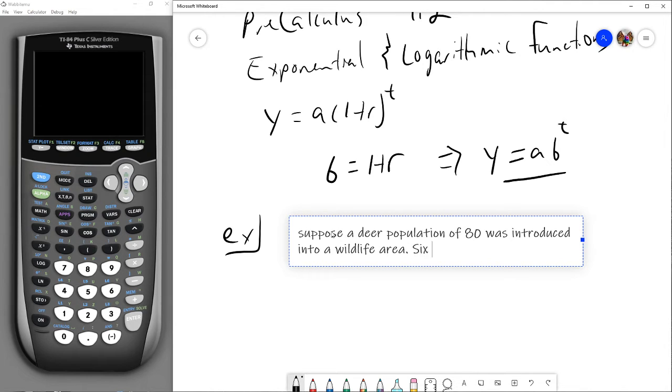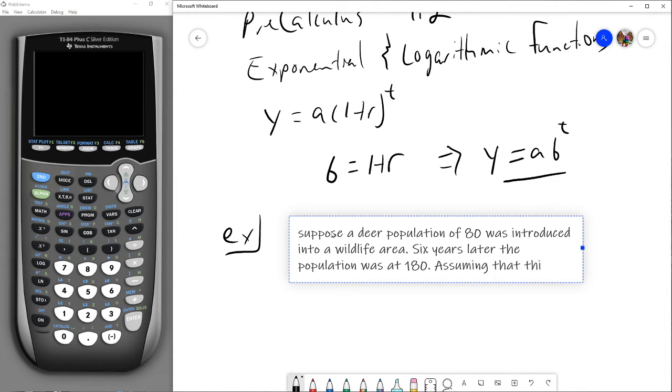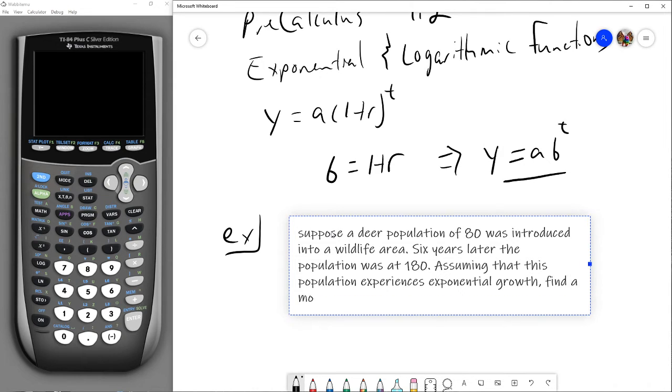Now, 6 years later, the population was at 180. Assuming that this population experiences exponential growth, find a model for it.